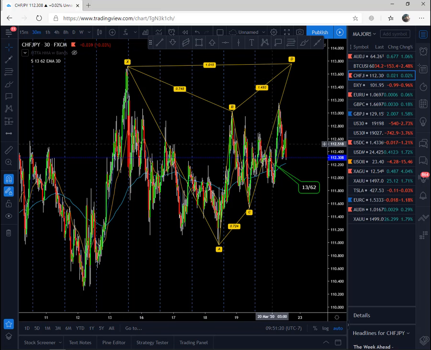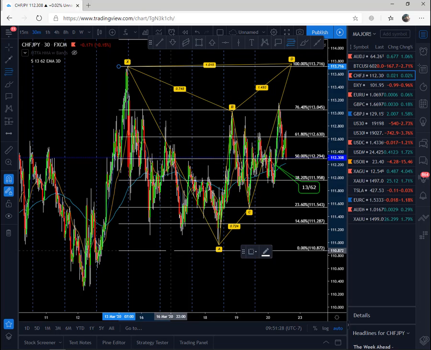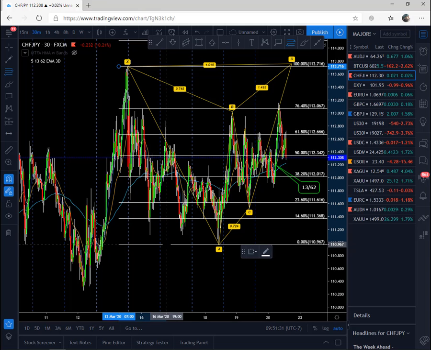Now I'm gonna confirm that this is indeed a butterfly formation using fib retracement from X to A. And it seems like it didn't quite meet the minimum for the butterfly, since the butterfly completes at the 78.6 for that B point.